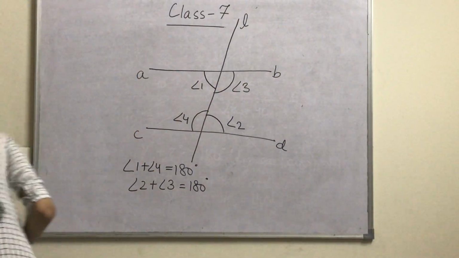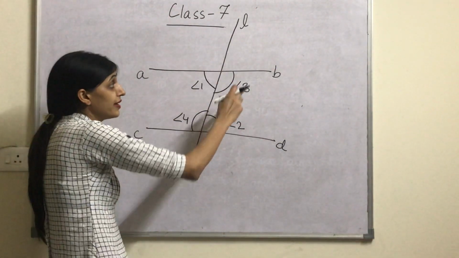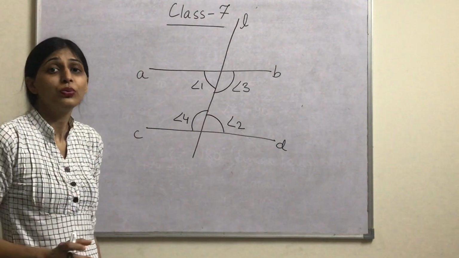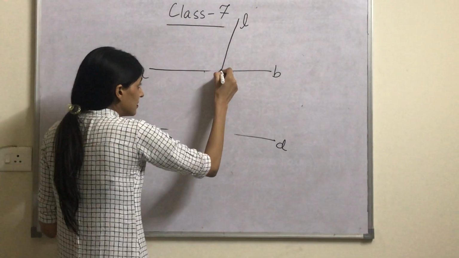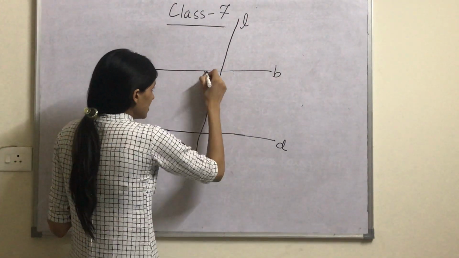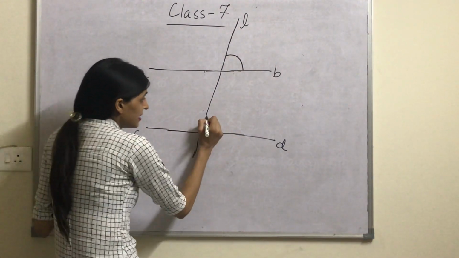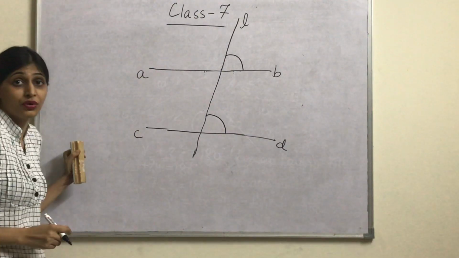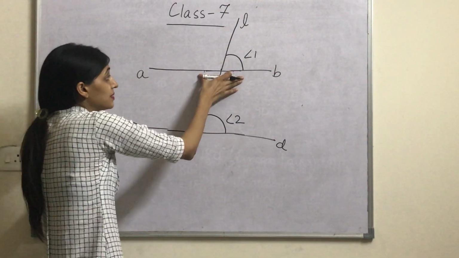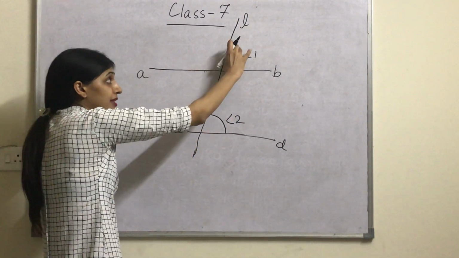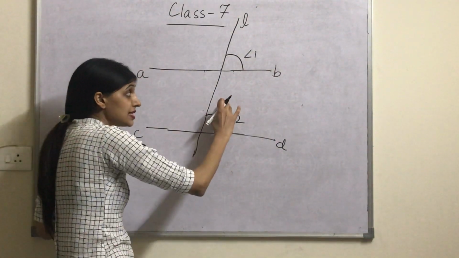Right? Next thing you need to understand in case of transversal is that the corresponding angles are always equal. What do you mean by corresponding angles? Let me make you understand. Suppose this is given to you, then this angle is equal to this angle. This angle 1 is equal to angle 2. This angle is made on the upper line on this side. Similarly, this angle is made on the downward line but on the same side.